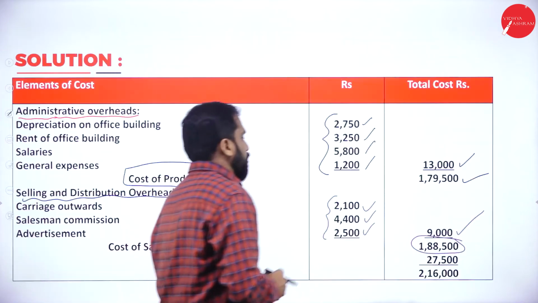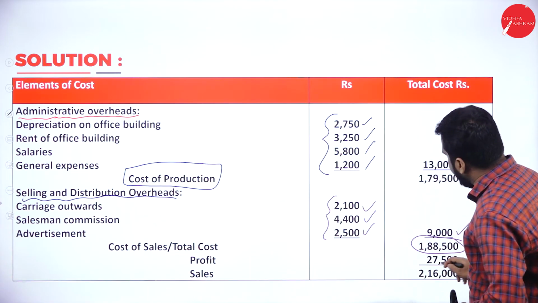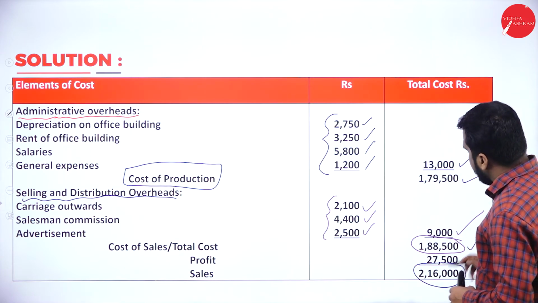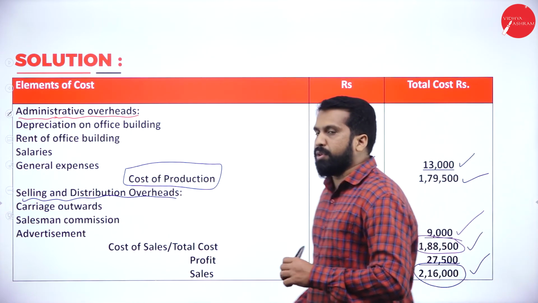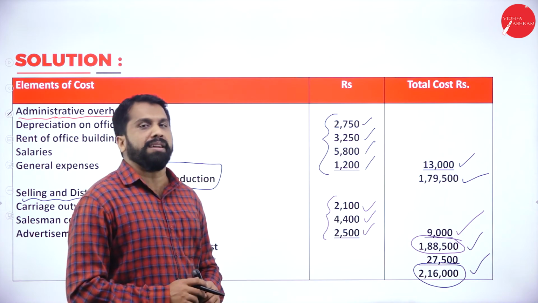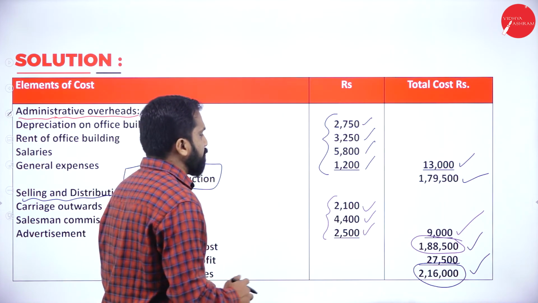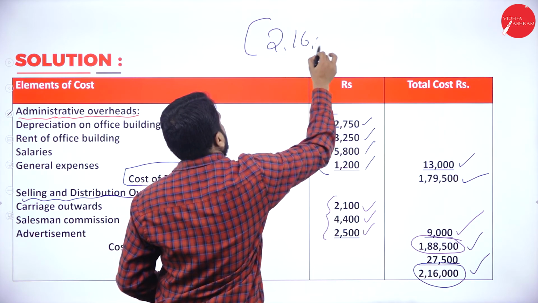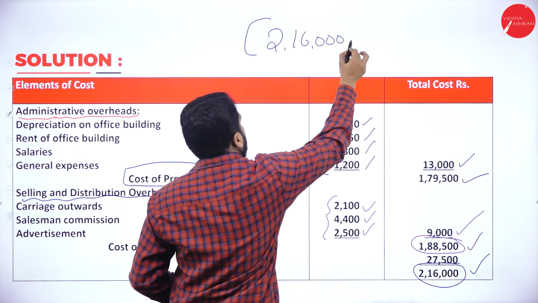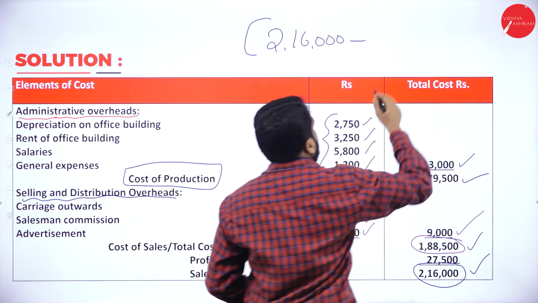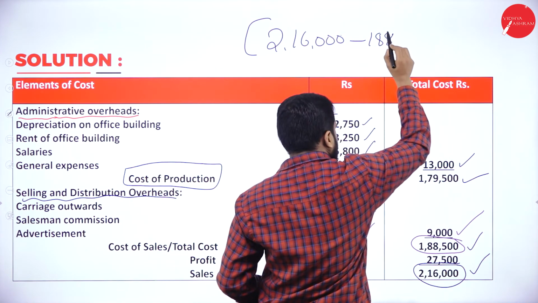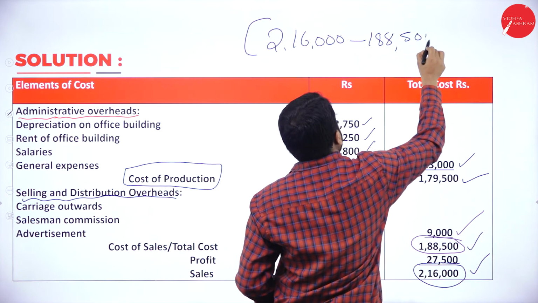We'll go back. You know sales, it is 2,16,000. You calculated cost. You know the cost, you know the sales. How to find out profit? Simple. 2,16,000 minus your cost, 1,88,500.